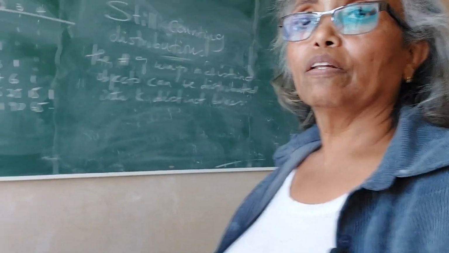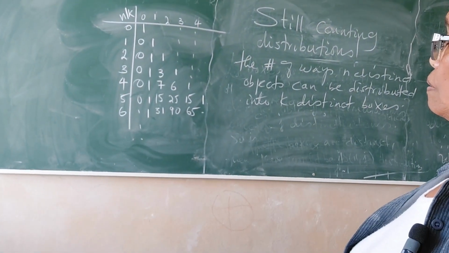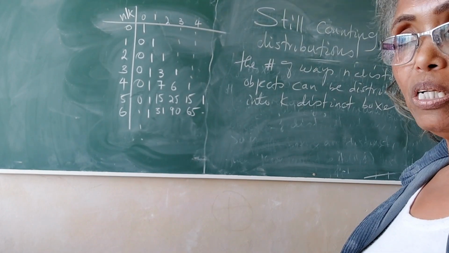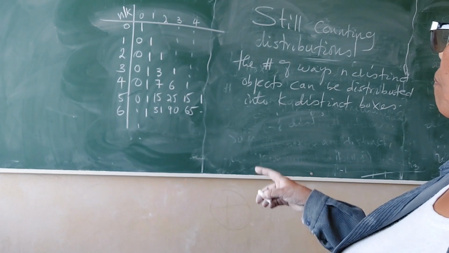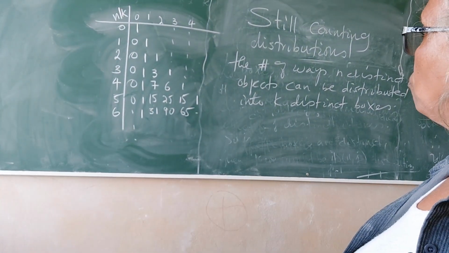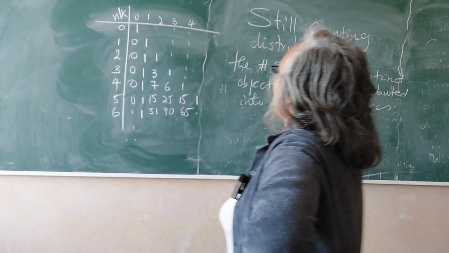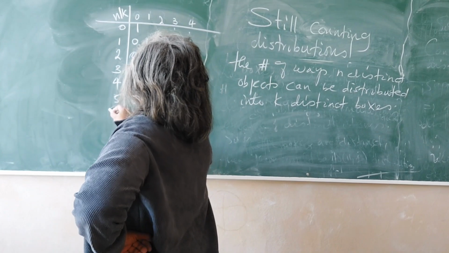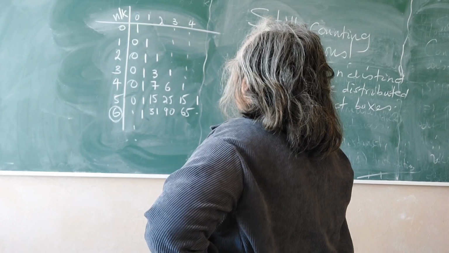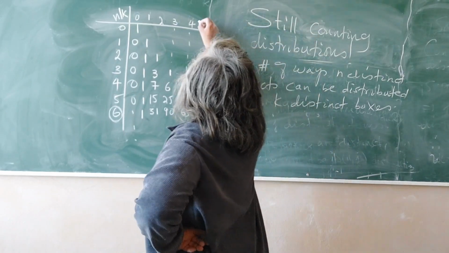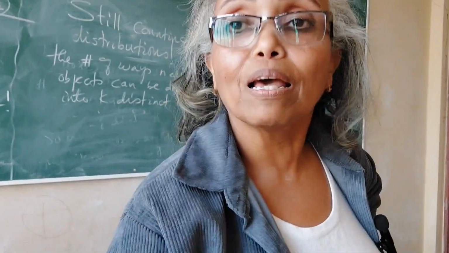You can see it there, just some values of the Stirling numbers of the second kind. I'm going to take the sixth row. I'm going to count the number of ways 6 distinct items are distributed into 4 distinct containers. So we'll see what happens.